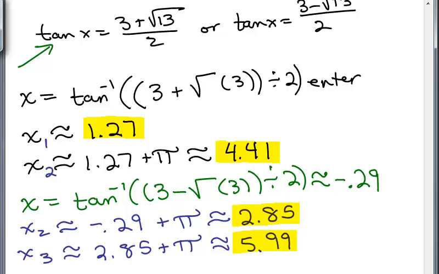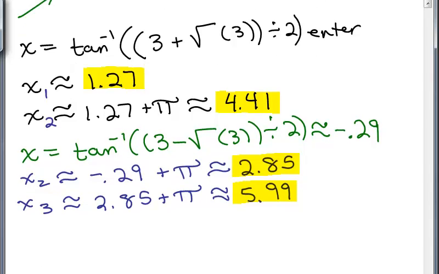Approximately 3.14, so 2 pi is a little over 6, right? And I've got all positive values, 1.27, 4.41, 2.85, and 5.99. Those are all values between 0 and 6, basically, right? It's really 6.28 approximately.